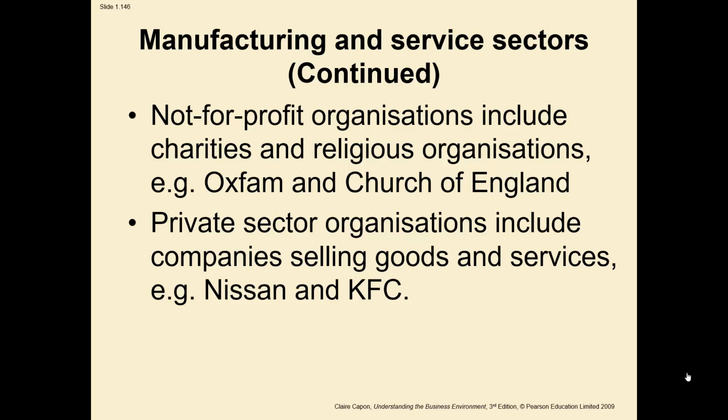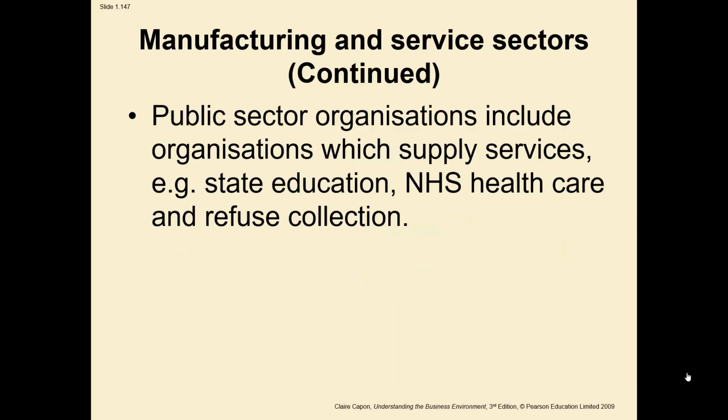Private sector companies sell goods and services, for example Nissan motor cars and KFC selling fast food. Public sector organisations are sometimes referred to as not-for-profit as well, but they're more state-backed, such as the Department of Education, the HSE in Ireland, refuse collection, waterworks, roads, Gardaí, Army.